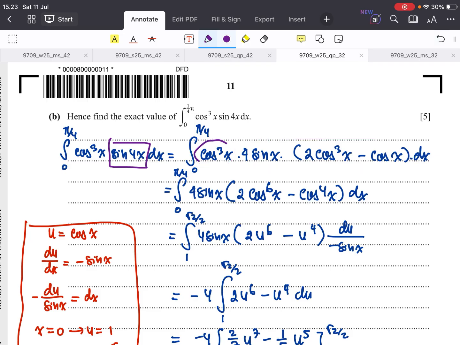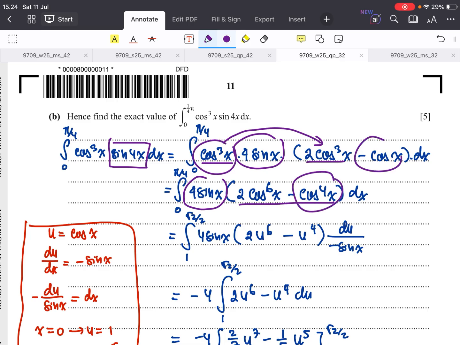Now I'm going to multiply cos cube x one by one to each term here in the parenthesis. So it will become 4 sin x times, this is the product between cos cube x times this, and this one is the product between this and this.